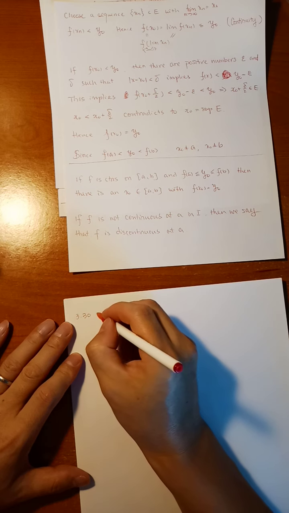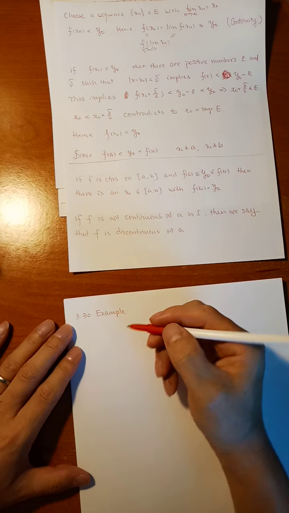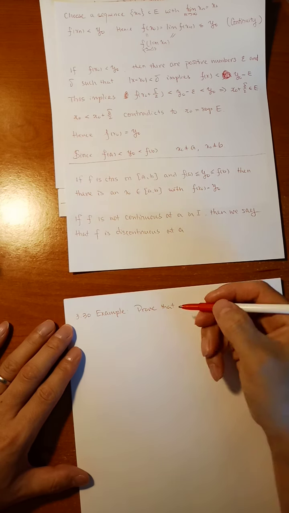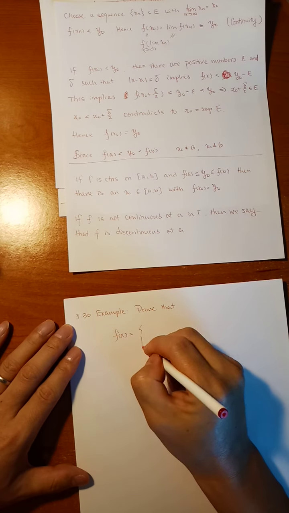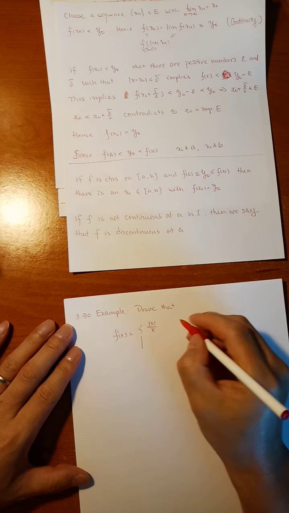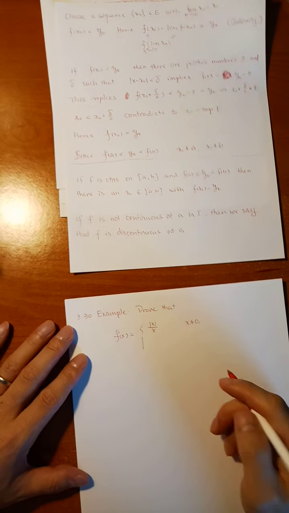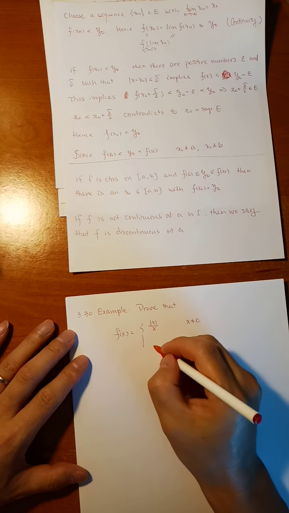The easiest example for a discontinuous point is this. Prove that f(x) equal to the absolute value of x over x if x is not equal to 0, because we have x in the denominator. When x is equal to 0, actually you can define it to be whatever number.